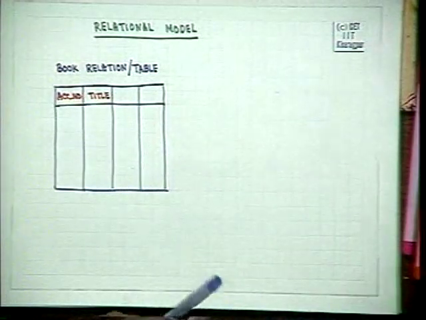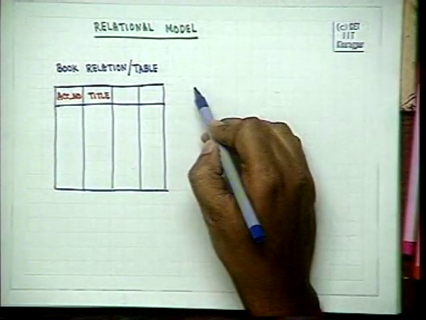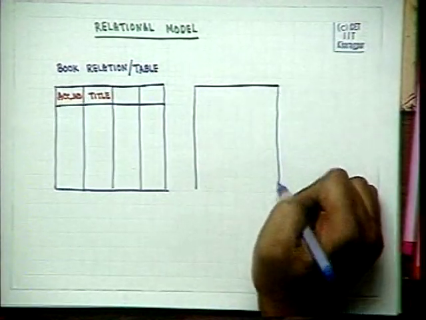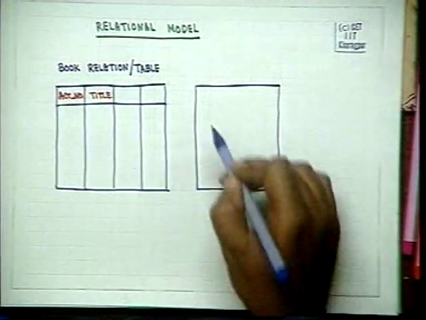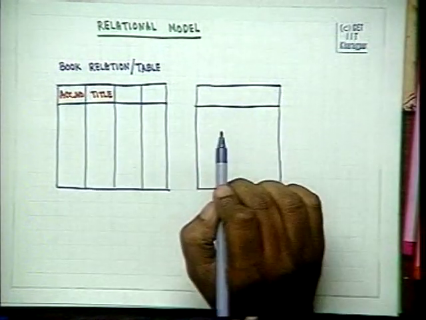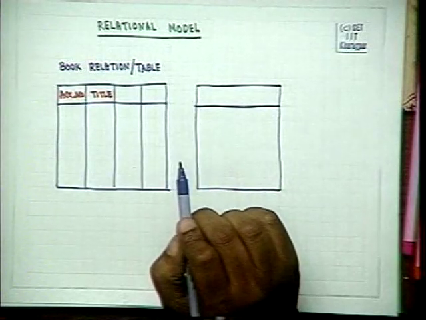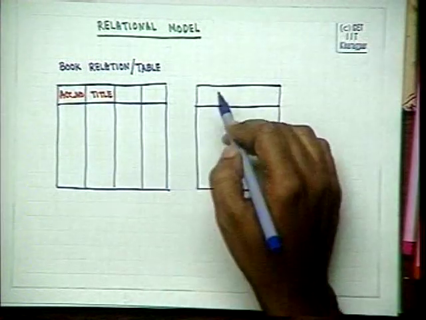Similarly, for users, you will have another table. In the relational model, everything is mapped onto tables. It is the uniform structure. All of them are mapped onto relations and all of them are mapped onto tables.